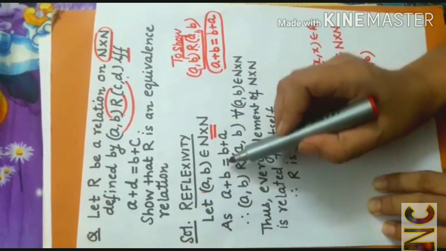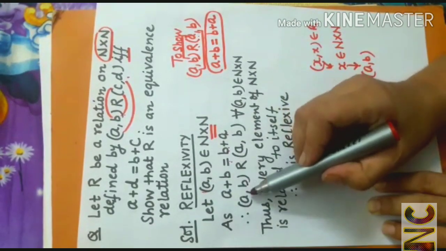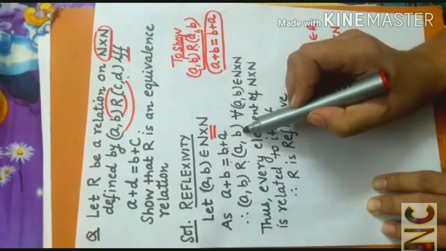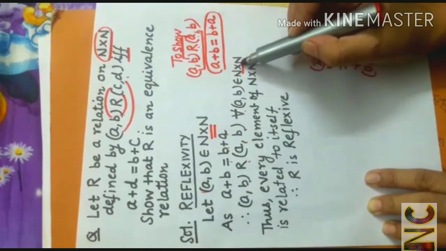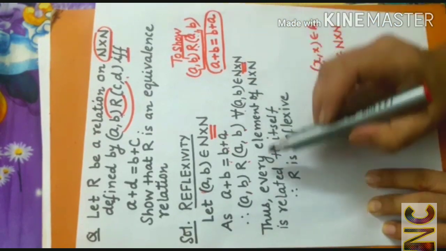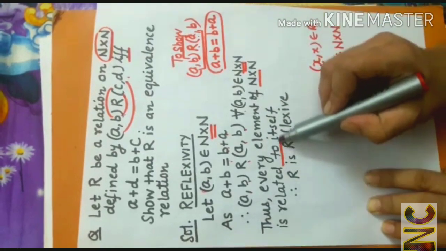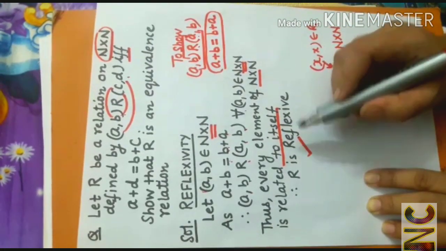So this implies (a, b) is related to (a, b) for all the elements which belong to the set N cross N. Thus, every element of N cross N is related to itself. Therefore, R is reflexive.